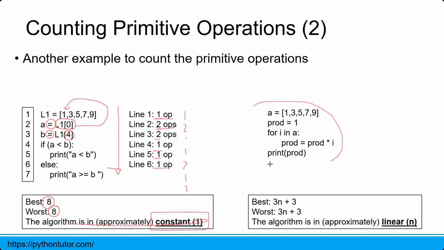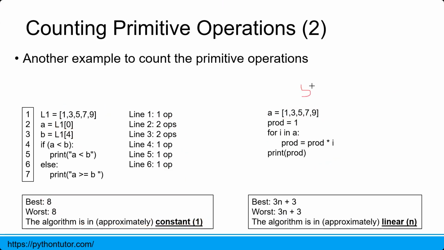What about this? If we have this data A, 1, 3, 5, 7, 9, and then this is one operation. This is a loop. We want to check the data in the variable A. So A, we know there are 5 data. So 5 data means it depends on this list.